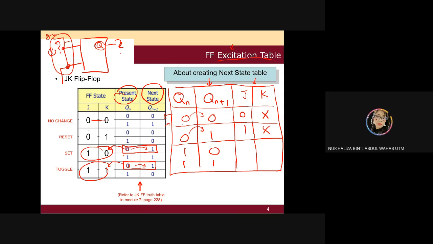Next, what scenario do we have? Present state is 1 and next state is 0.